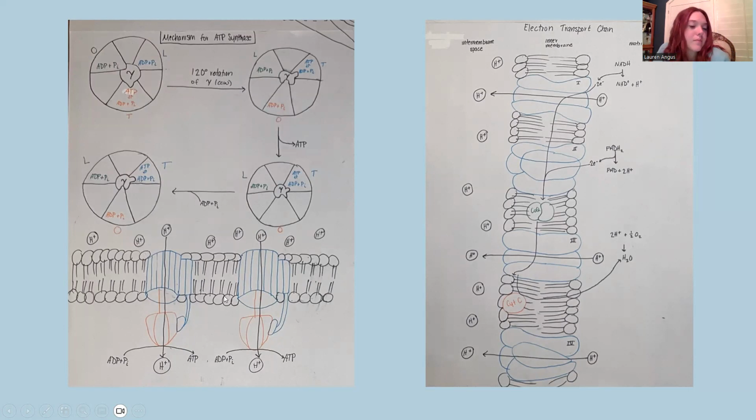So that is the major thing of ATP synthase. The hydrogen ion goes in, causes that rotation, and it converts ADP plus Pi to ATP. So that is a major mechanism.